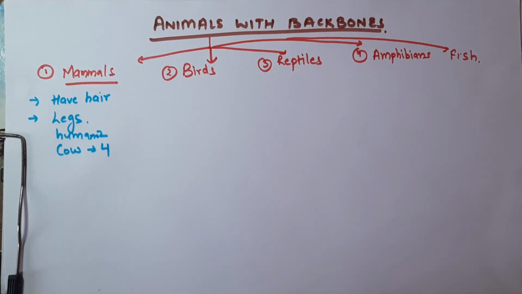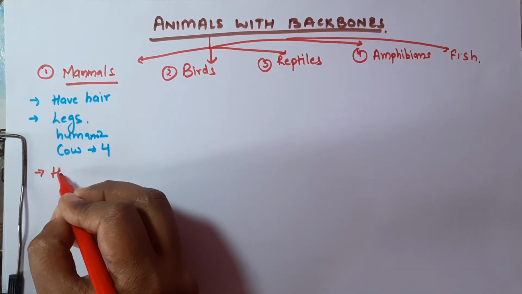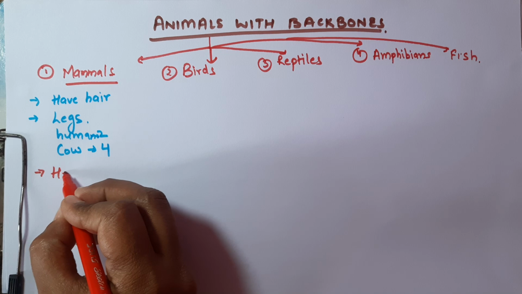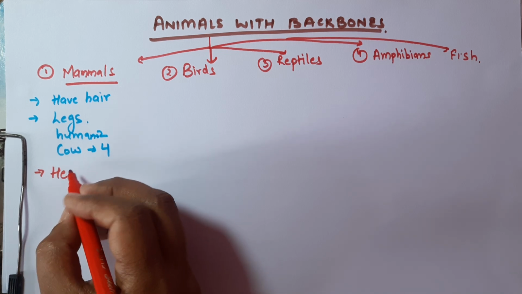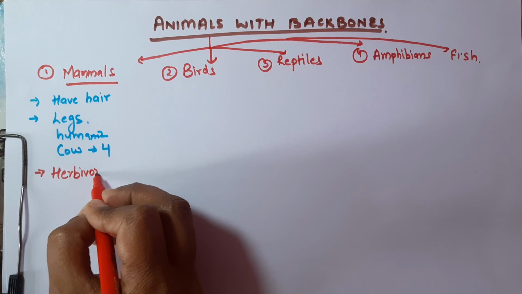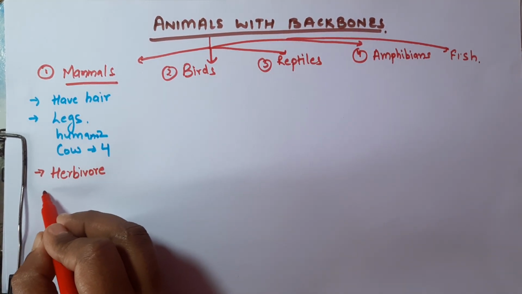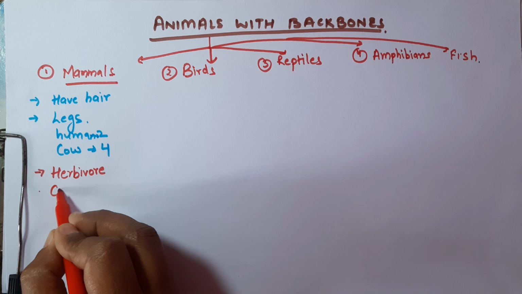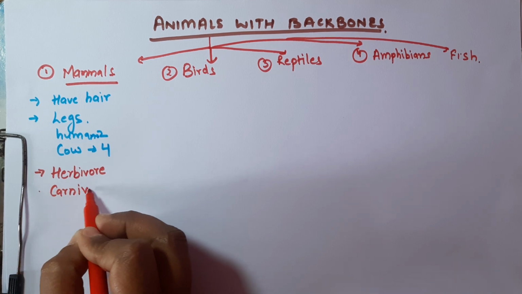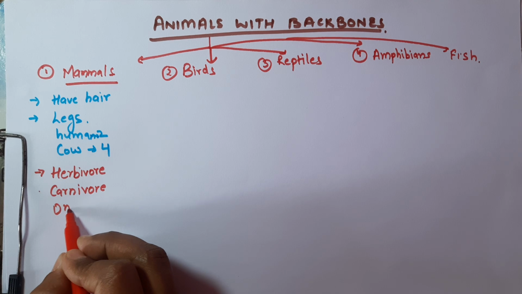If we talk about the mode of nutrition, like how we take food, we cannot synthesize it. We are not phototrophic, we are heterotrophic. We can be herbivores. Herbivore means we eat herbs or plants. Mammals can be carnivores. Carnivores eat animals. And mammals can be omnivores.